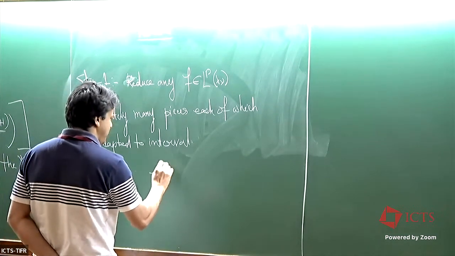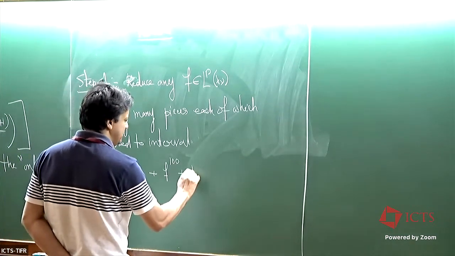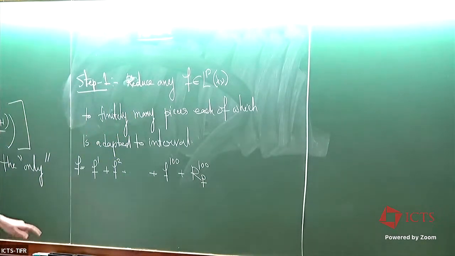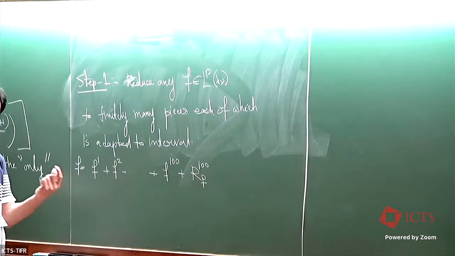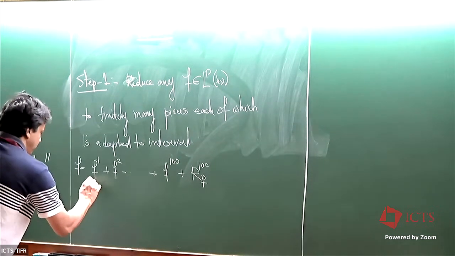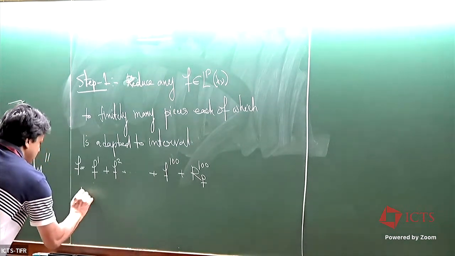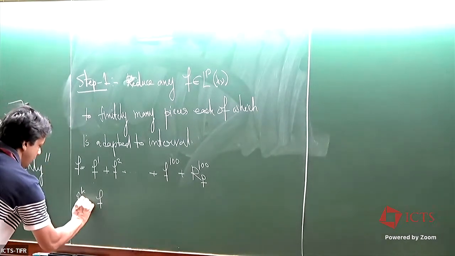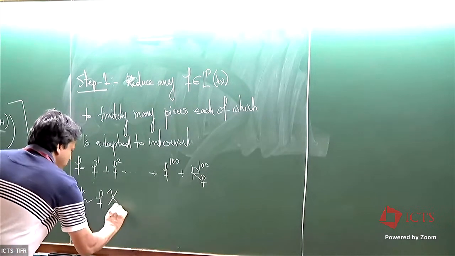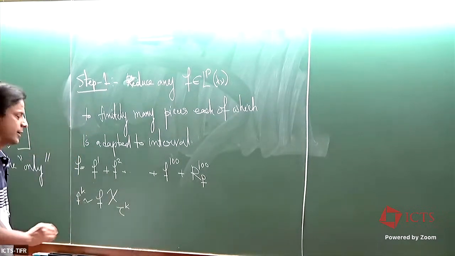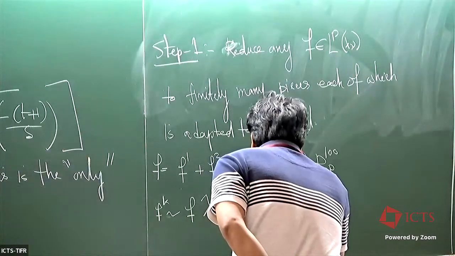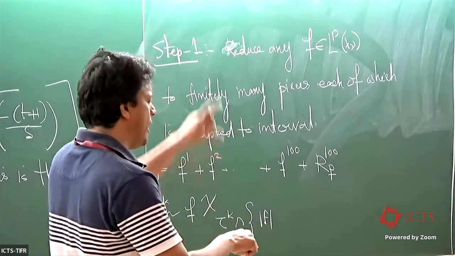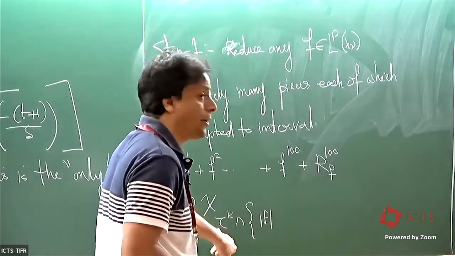Let's say f100 plus the remainder r100, where r depends on f, so that f_k is supported on an interval tau_k. f_k is essentially f restricted to the interval tau_k, where the base has length tau_k and the height is at most about length of tau_k to the power minus 1 over p.